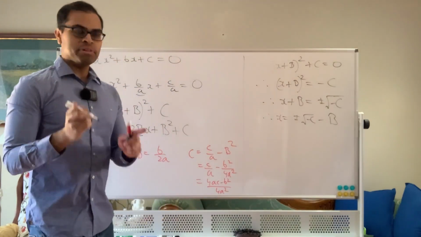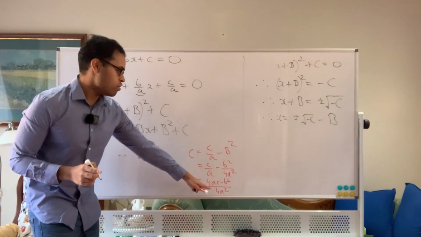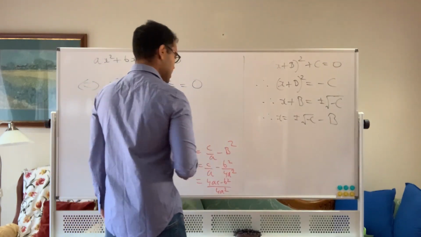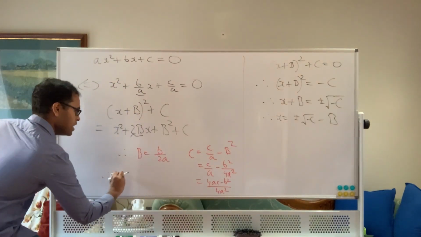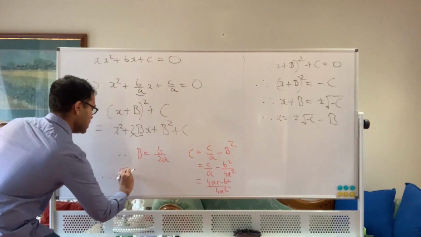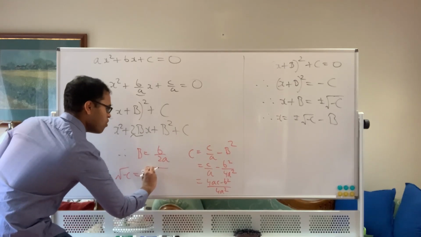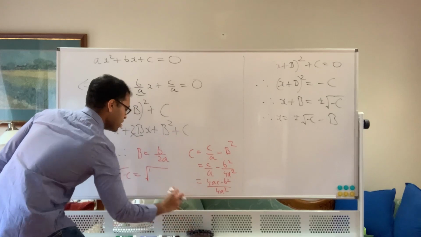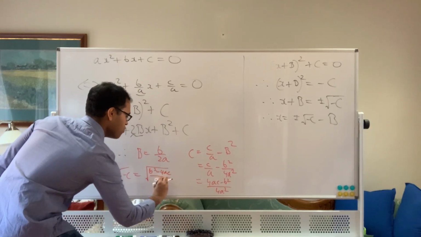But now we can plug in. We know C is 4ac minus b squared over 4a squared. So what is the root of negative C going to be? Root negative C is going to equal the square root of b squared minus 4ac divided by 4a squared.